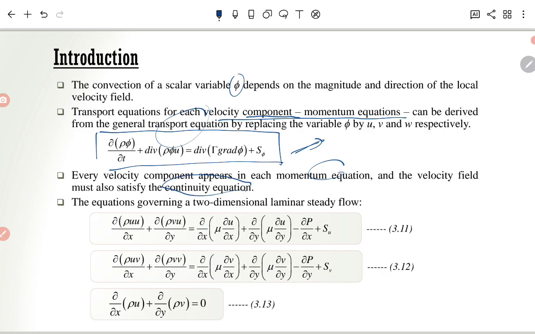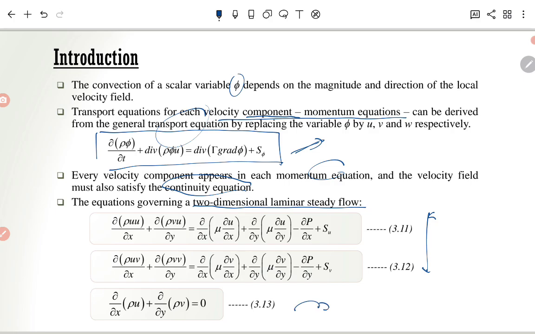That's the basics that we already learned in the previous chapter. So for this course we move to a simple flow, which is the two-dimensional laminar steady flow, and this can be clearly shown in the equations of two-dimensional laminar steady flow: this one is the momentum equation, and this one is the continuity equation.